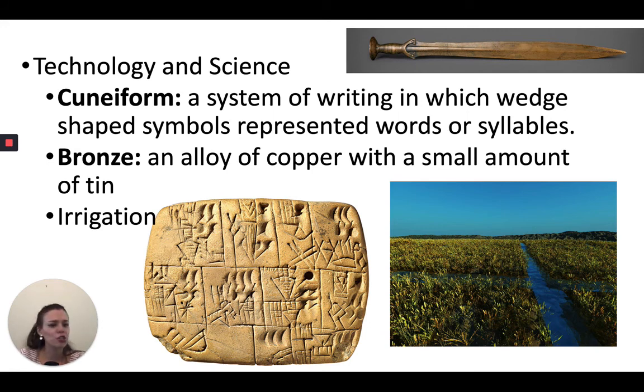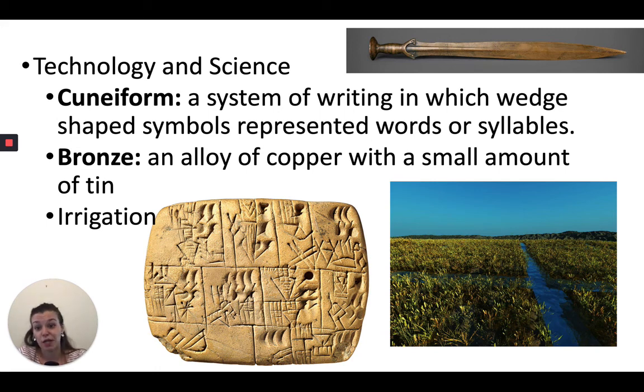But we see contracts, we see some texts about political things, some literary texts like the Epic of Gilgamesh. It's not a language, it's a system of writing. In the same way that the Roman alphabet that we use isn't a language, just a system of writing.